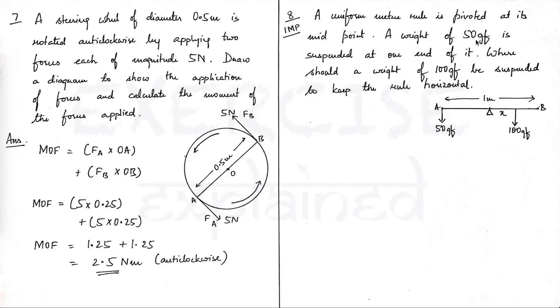A weight of 50 gram force is suspended at one end of it. So there is 50 gram force which is acting here at one end. We can consider any of the ends.